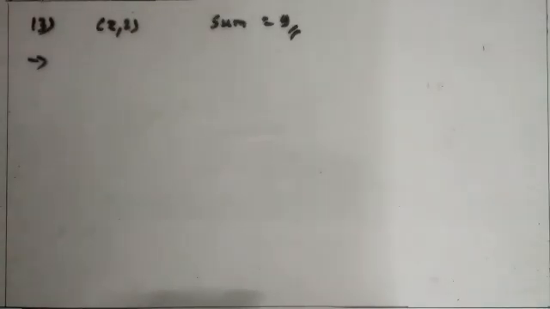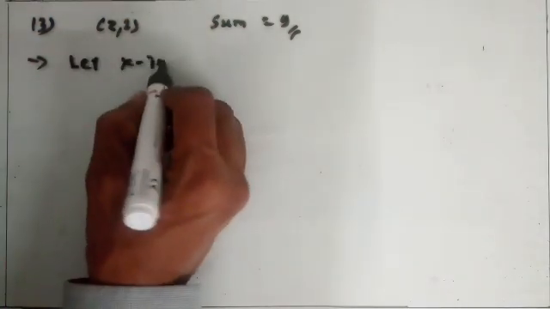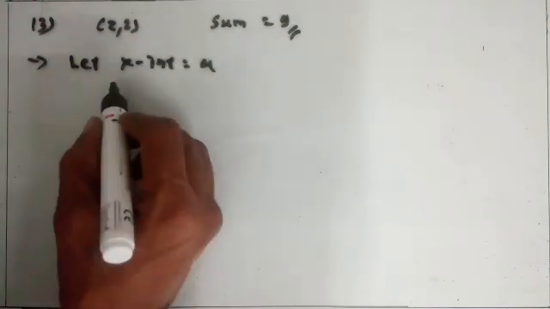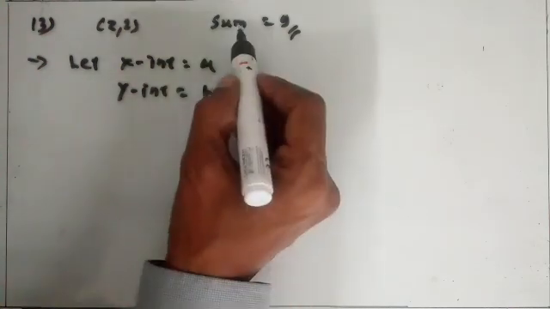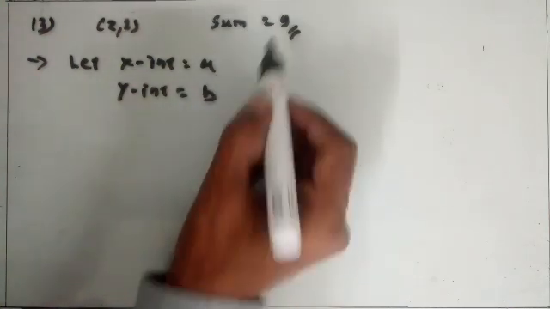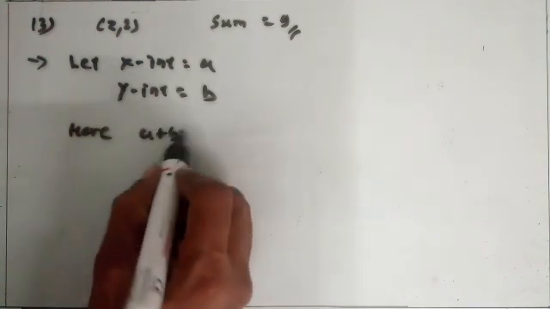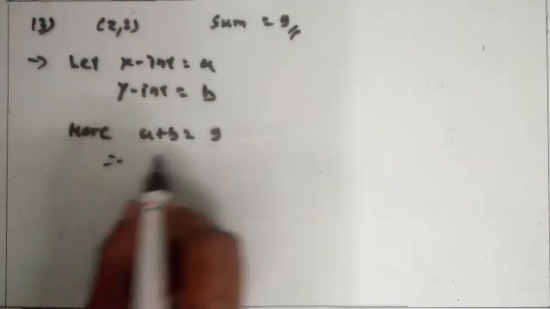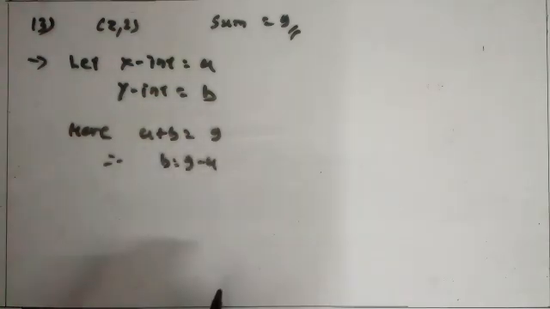Here, first suppose the x-intercept is A and the y-intercept is B. Given that the sum of both intercepts is equal to 9, here A plus B is equal to 9. Therefore, B is equal to 9 minus A.